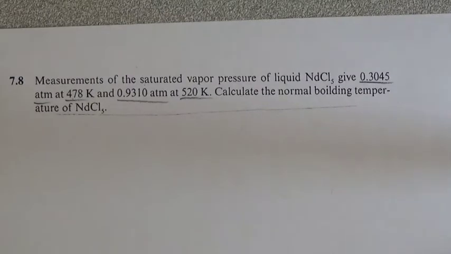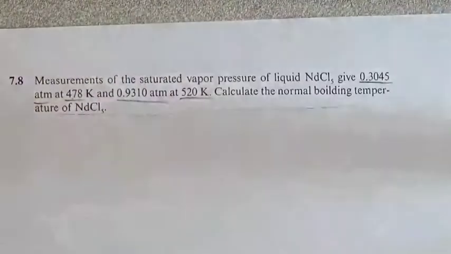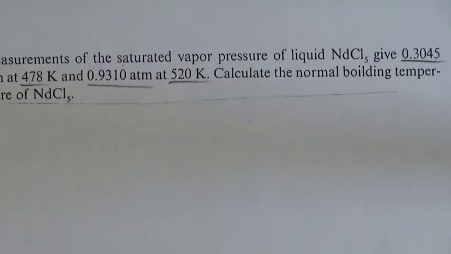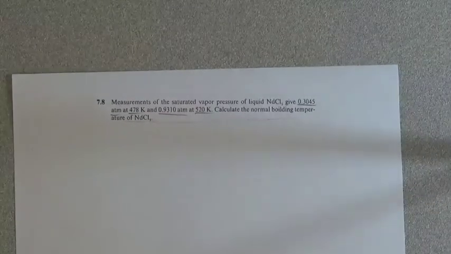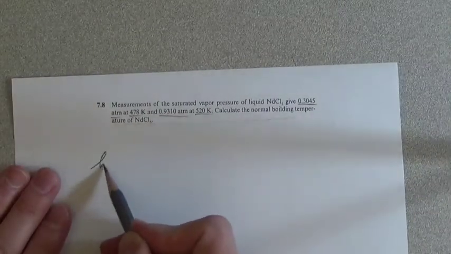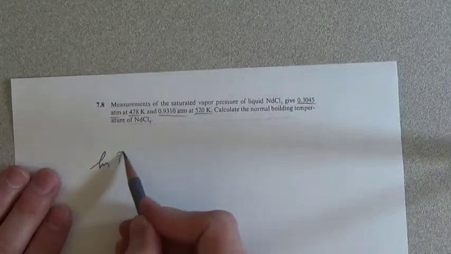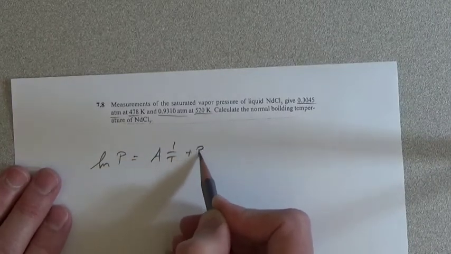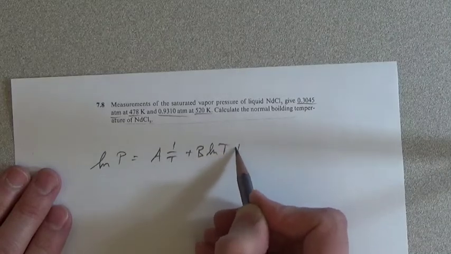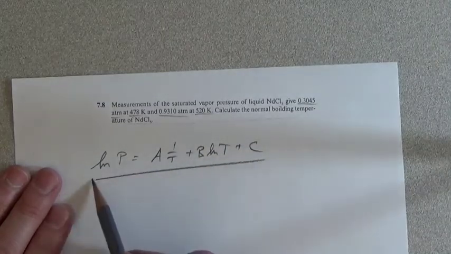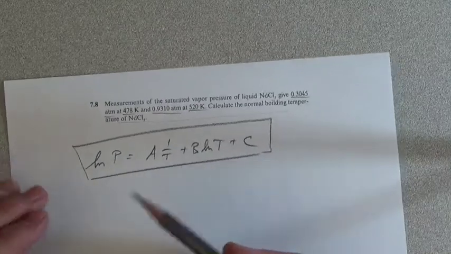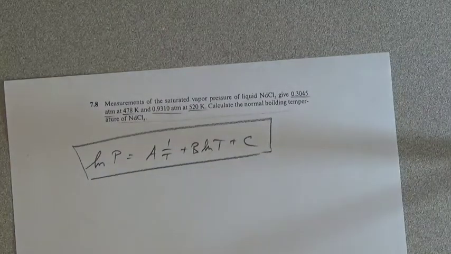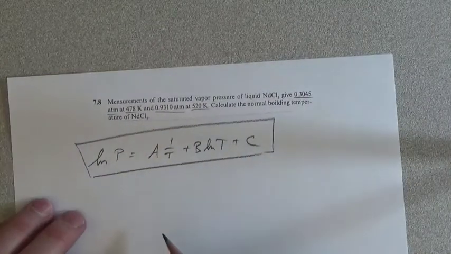So this problem is really about you getting a good approximation for the expression natural log P is equal to A over T plus B natural log T plus C. The challenge here, though, is that you're only given two points.